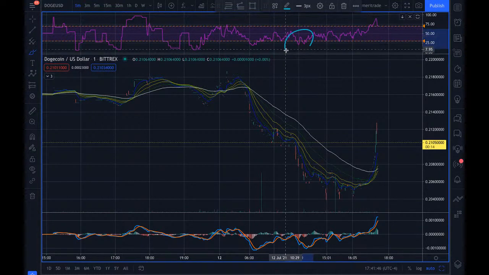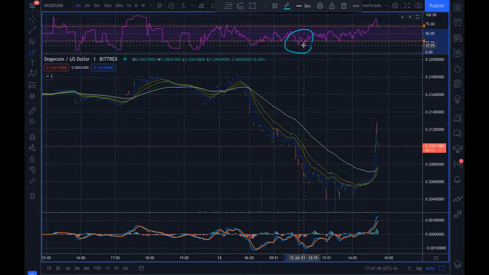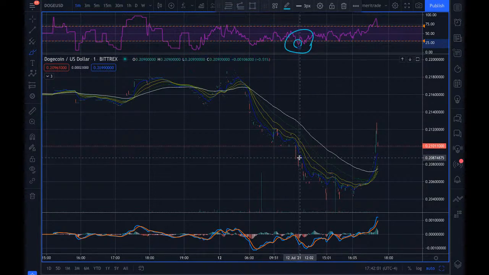So see how here on the RSI up at the top, see how it dipped below? Dipped here once, right here.